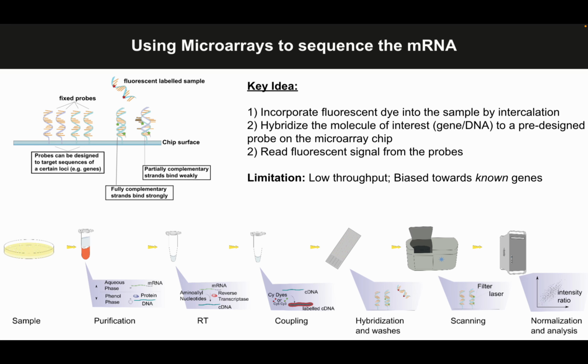In microarrays, the idea is you want to see whether a particular sequence exists or not. You take a chip surface, and before you even start the experiment, as a commercial company, you manufacture microarrays. You take a glass slide, make holes, and in those holes you stick what are called primer sequences, or probes.